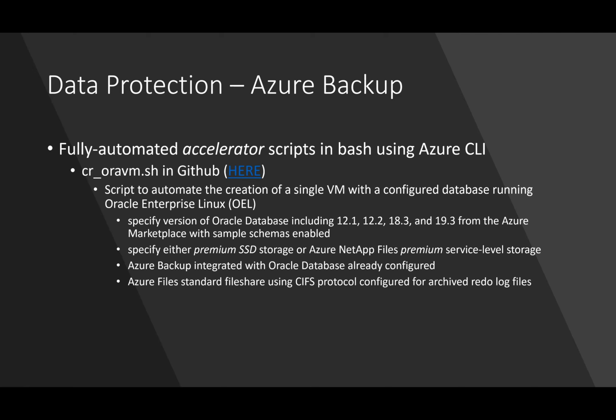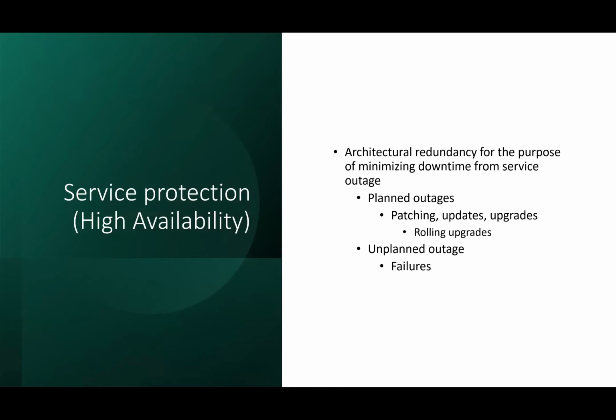You can use either managed disk or premium SSD storage or Azure NetApp Files with the script. And Azure Backup is fully integrated. Everything is all set up, and you have an Azure Files standard file share configured to receive your archive redo log files. So you can do all the playing around you want with the VM and database that you can create using this script. There's a link to GitHub on this page.